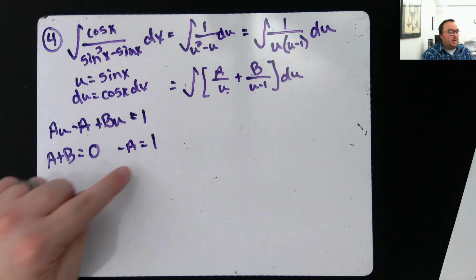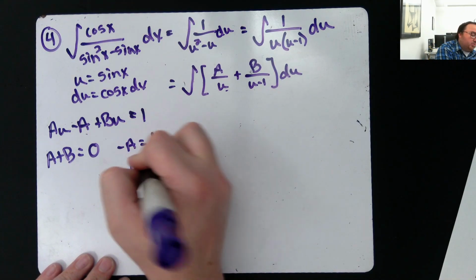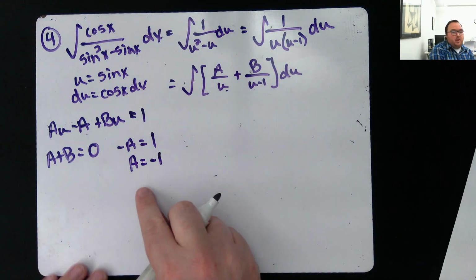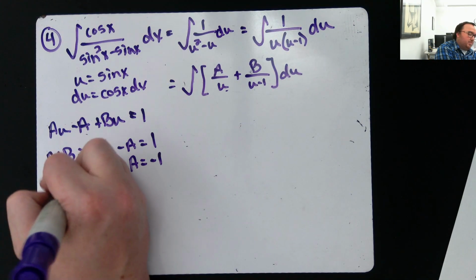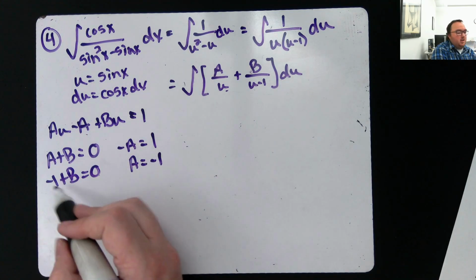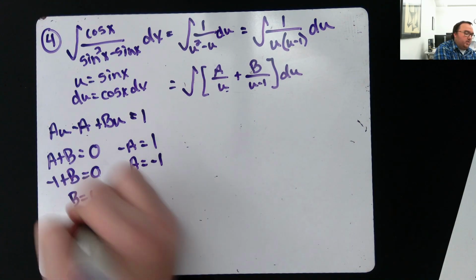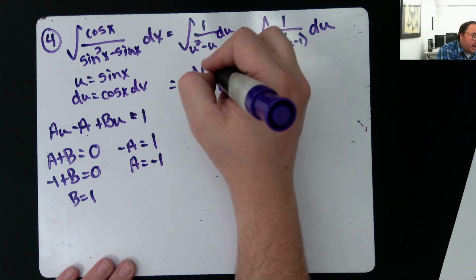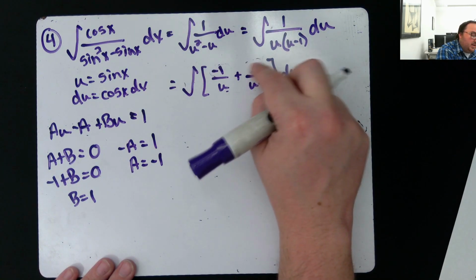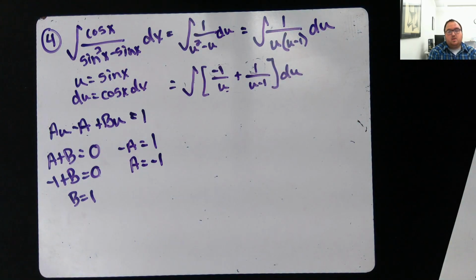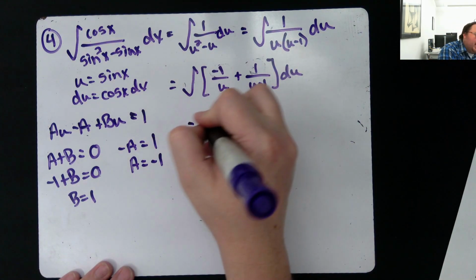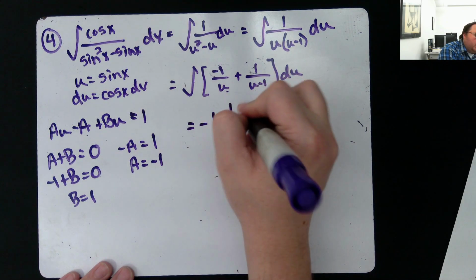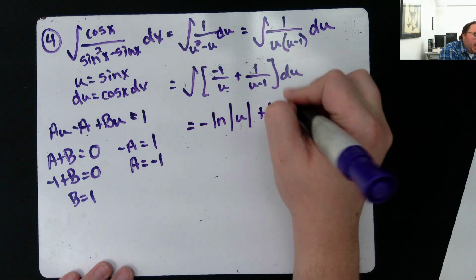So divide this by a negative 1. a is equal to negative 1. Plug that in over here. Negative 1 plus b is equal to 0. Add 1 and you get b equals 1. So this is the integral of a was negative 1, b was 1.